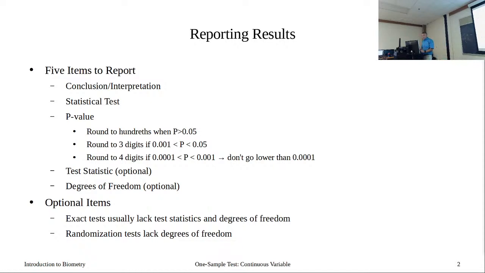If we are between 0.001 and 0.0001, then we go to 4 decimal places. And if we have any value less than 0.0001, we just say p is less than 0.0001. We don't have to go any smaller than that. Our probabilities are significant. They're small. They're tiny.